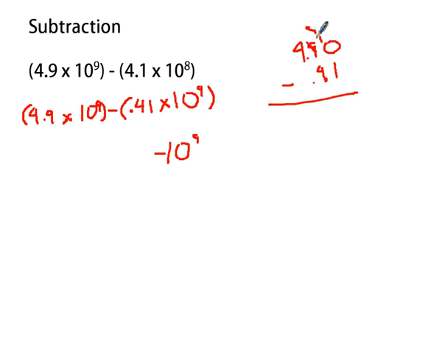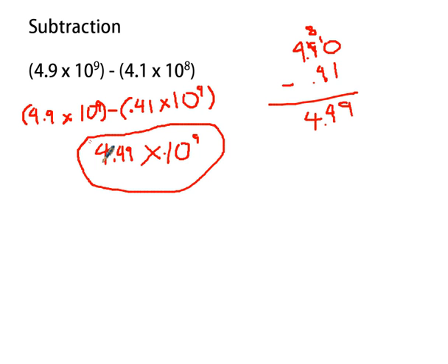Borrow from that. And I get a 9. And then I get a 4. And there, 4 minus 0 is 4. So I have 4.49 times 10 to the 9th. That is correct scientific notation, so I don't have to make any changes. That's my answer.